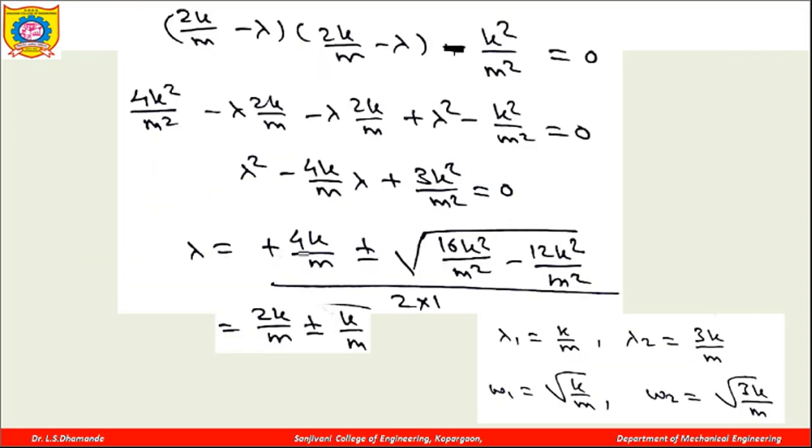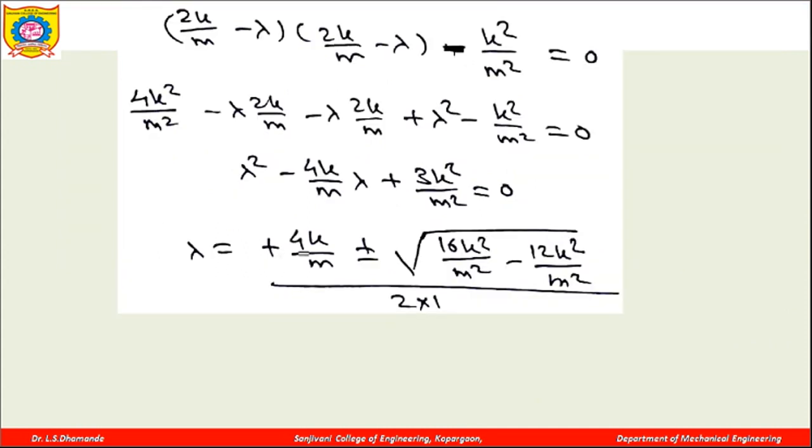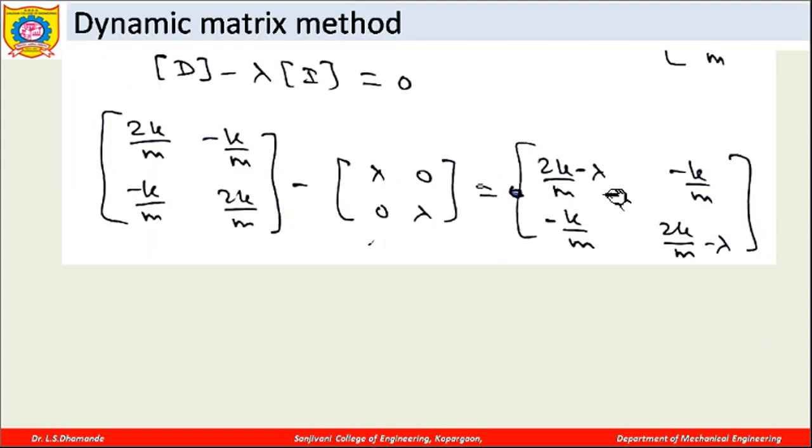So let us take 2k by m minus lambda multiplied by 2k by m minus lambda, minus k square by m square. This multiplied by this and this multiplied by this, so we get it this way.